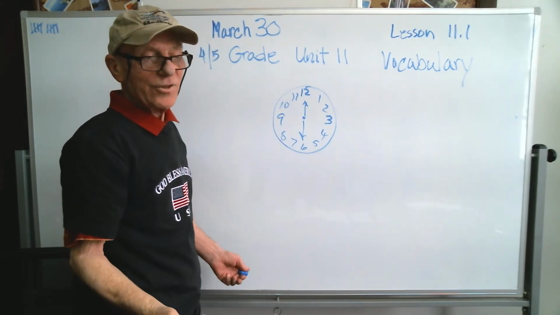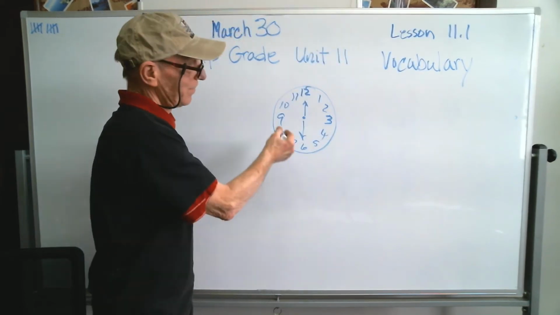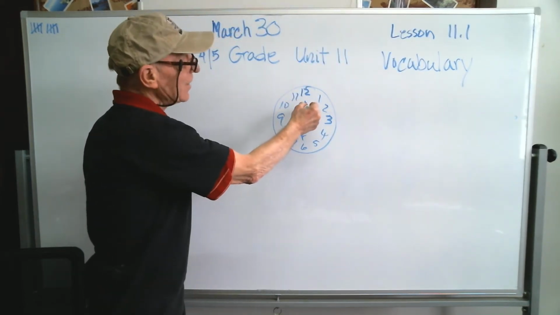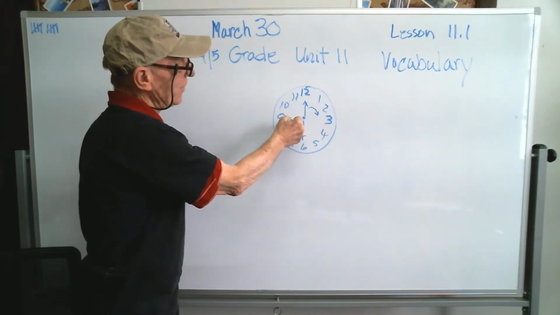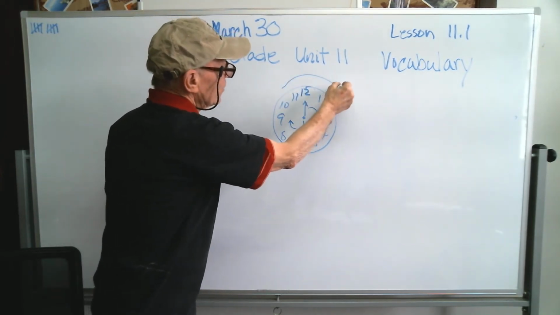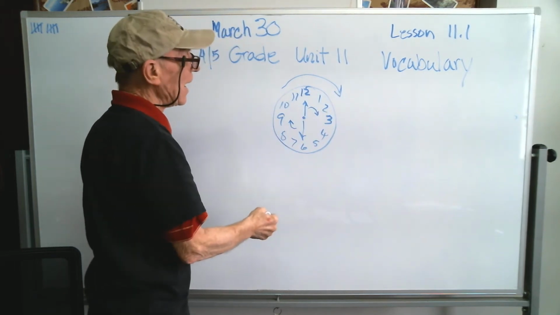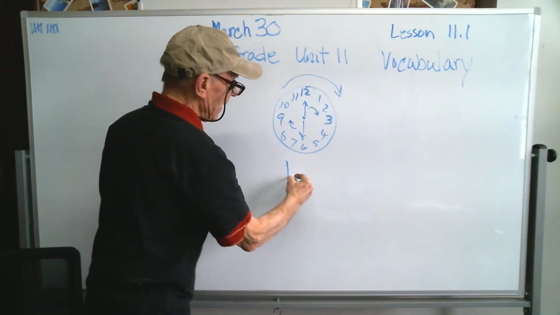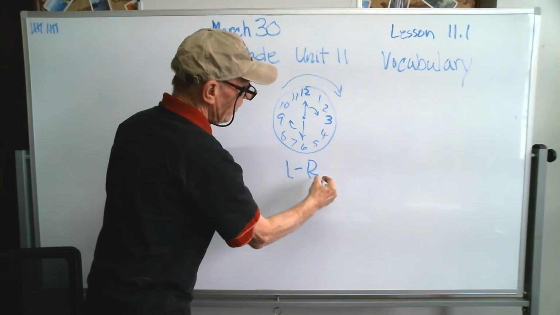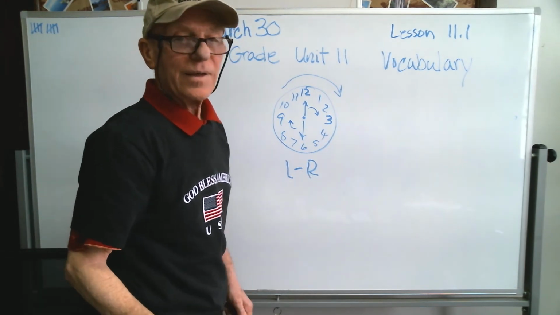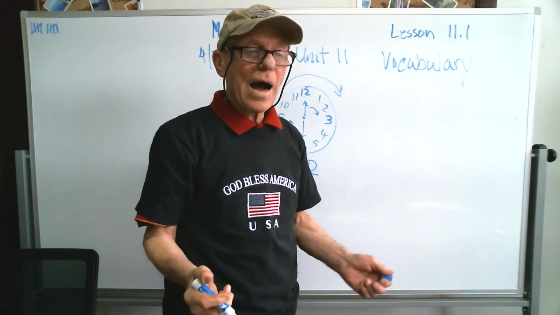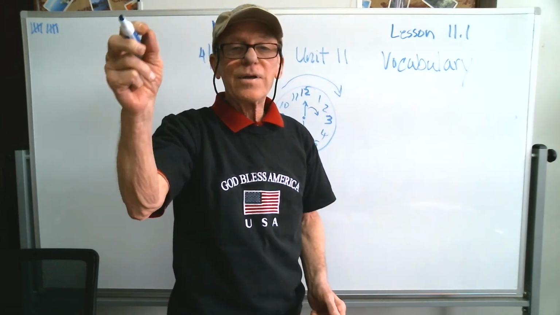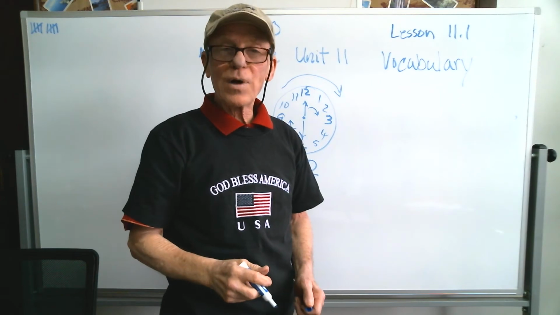Hey, it's the best I could do. The hands in the clock move around the clock in that direction. So moving from left to right is clockwise. So when you say clockwise, it's moving around left to right.